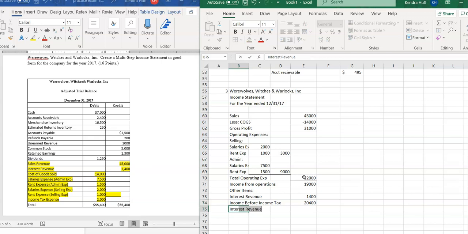Then I'm going to have interest expense of 2,000. Here, I'm just going to type it in normal. And remember, you subtract it. And then that is our net income. All right, so I need to draw a few more lines.